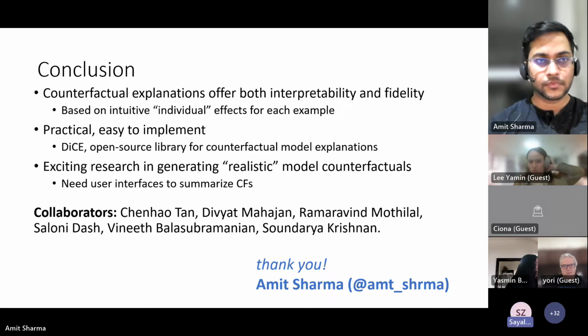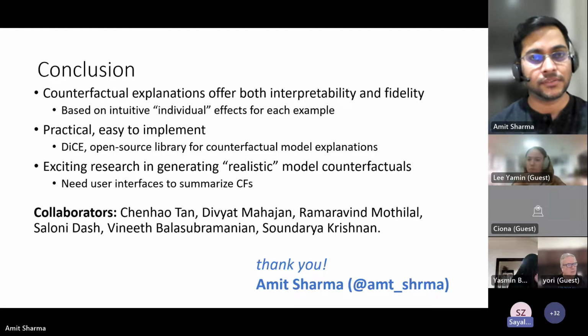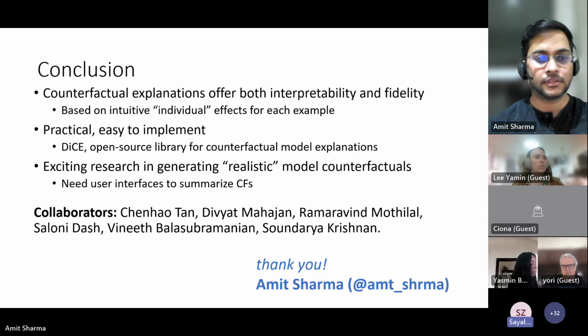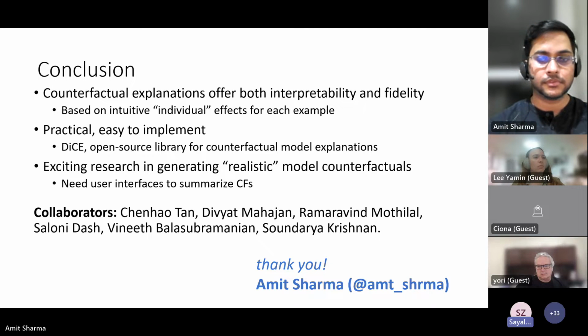Hello, Amit. This is Sari. Hi. Am I audible? Yeah, hi. Actually, I have a very basic question. I've seen the examples where you have talked about tabular data. But when we consider text data, such as text classification, how does it perform in terms of counterfactuals?